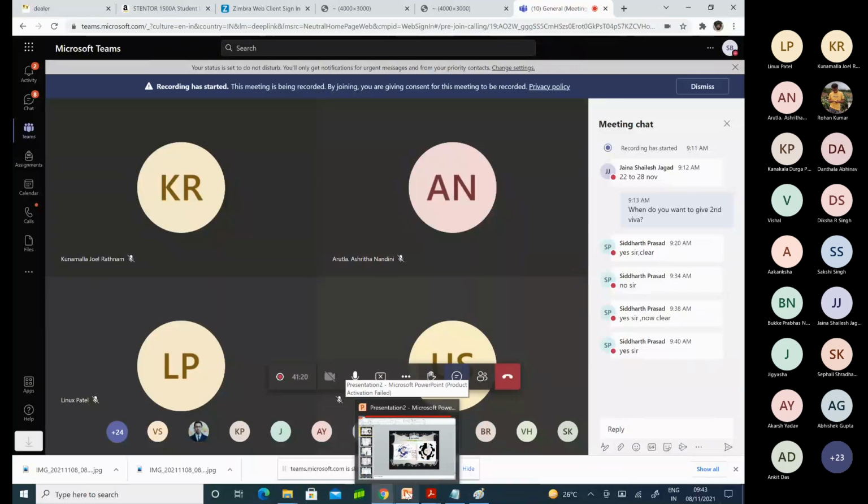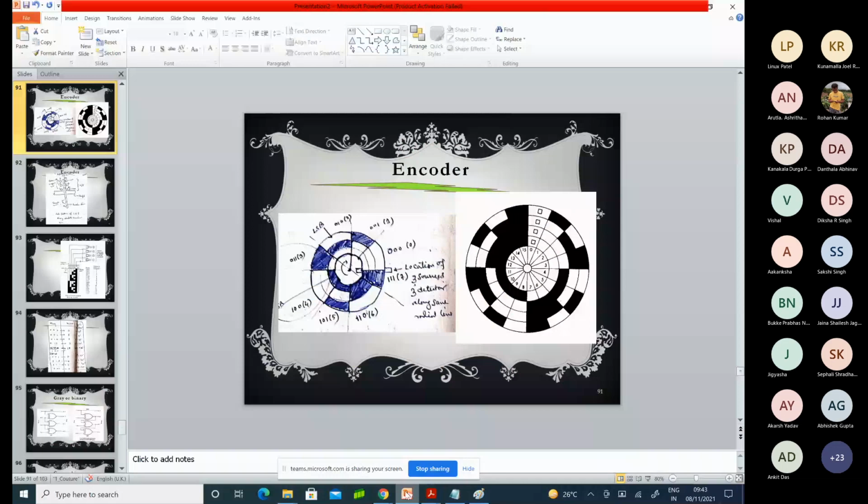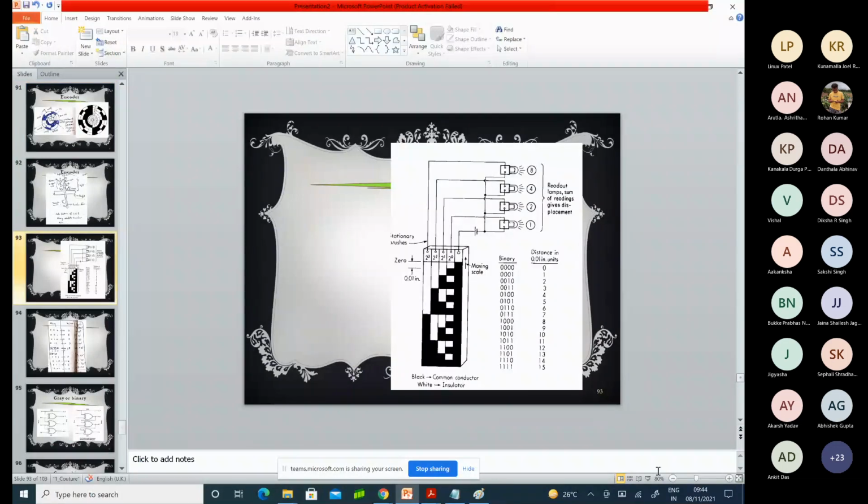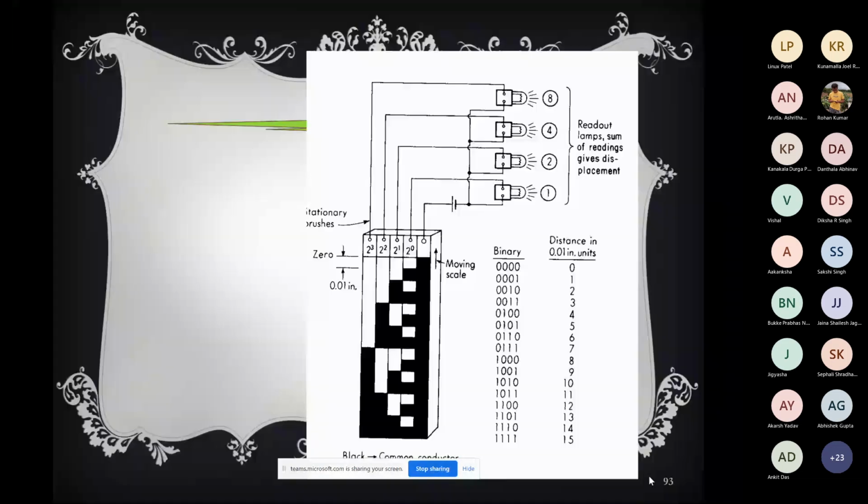Now we'll move to the encoder mode. Till now, whatever we discussed, it can give the angular displacement, that angle theta, or the angular velocity, RPM or such thing.